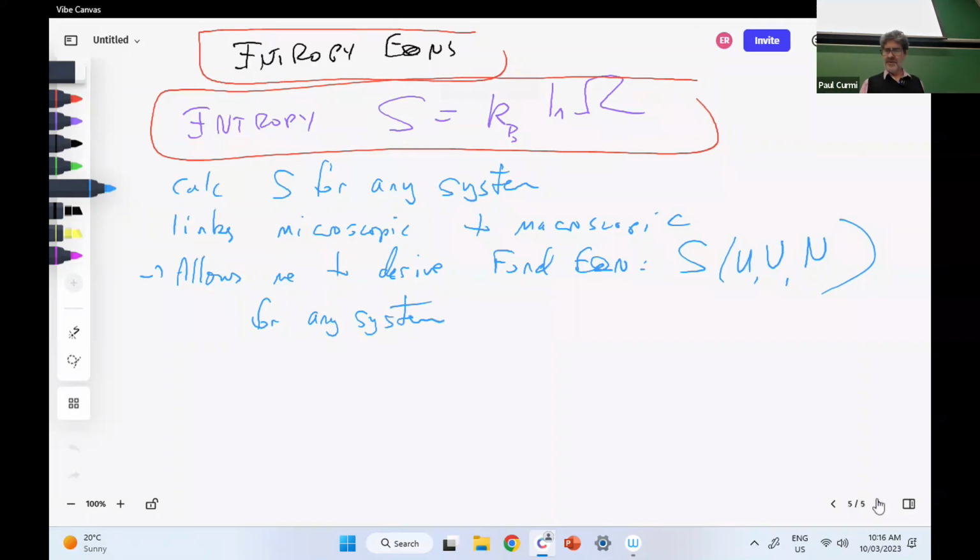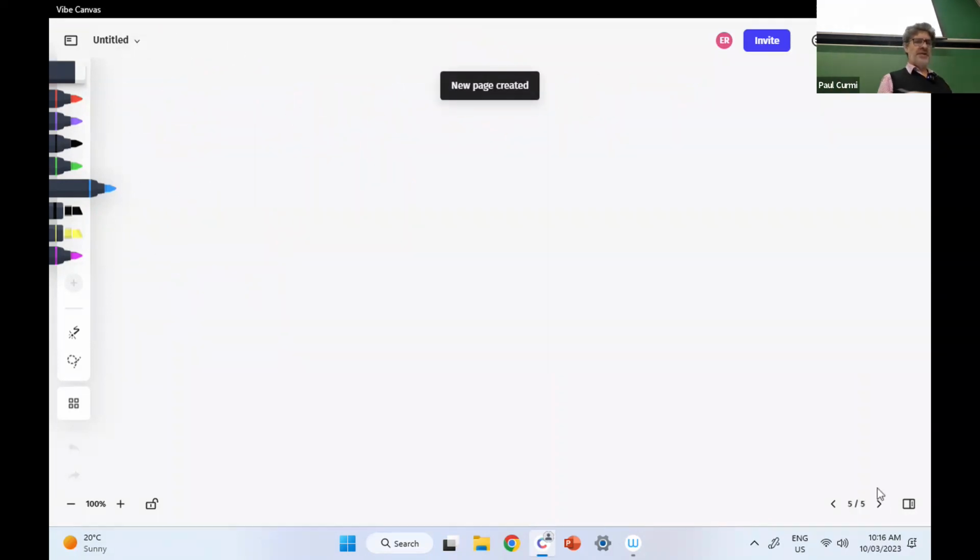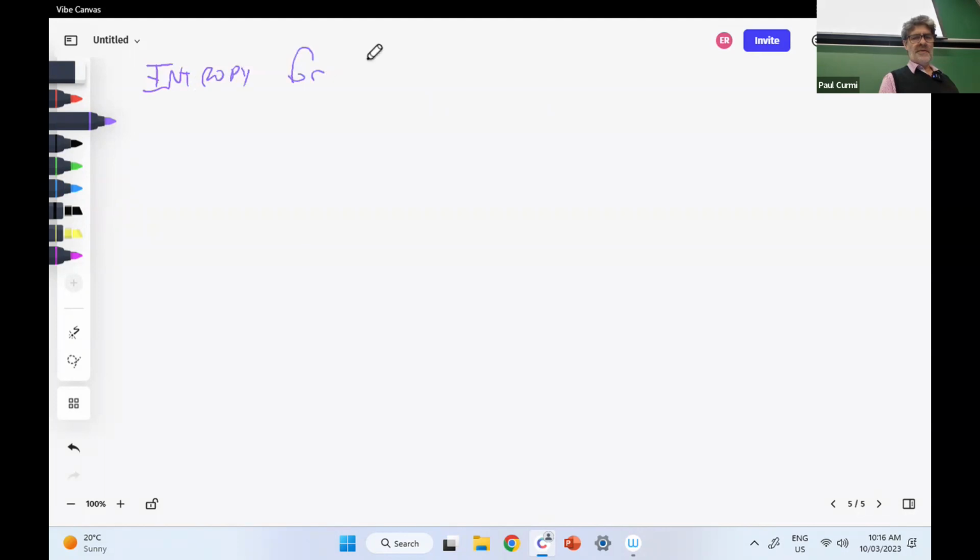Okay, let's do it. So entropy for an ideal gas. I think it's monatomic.